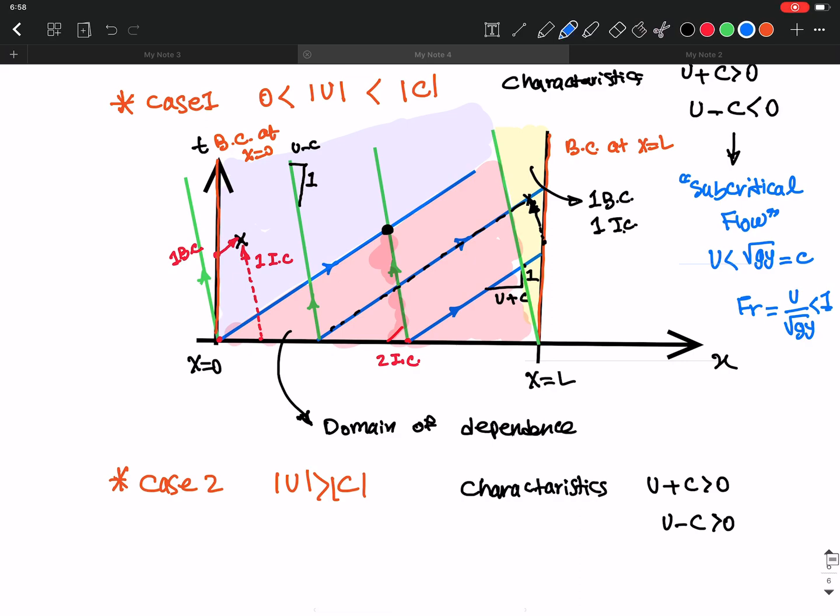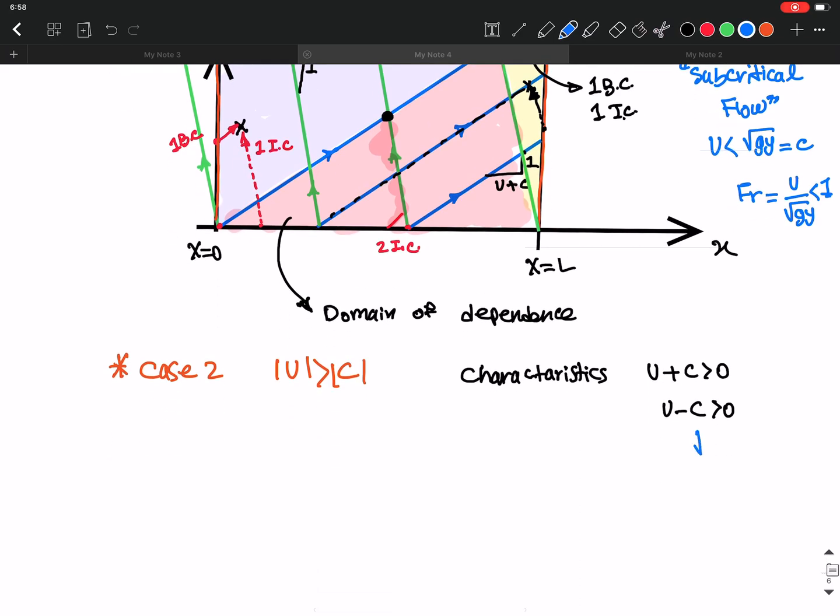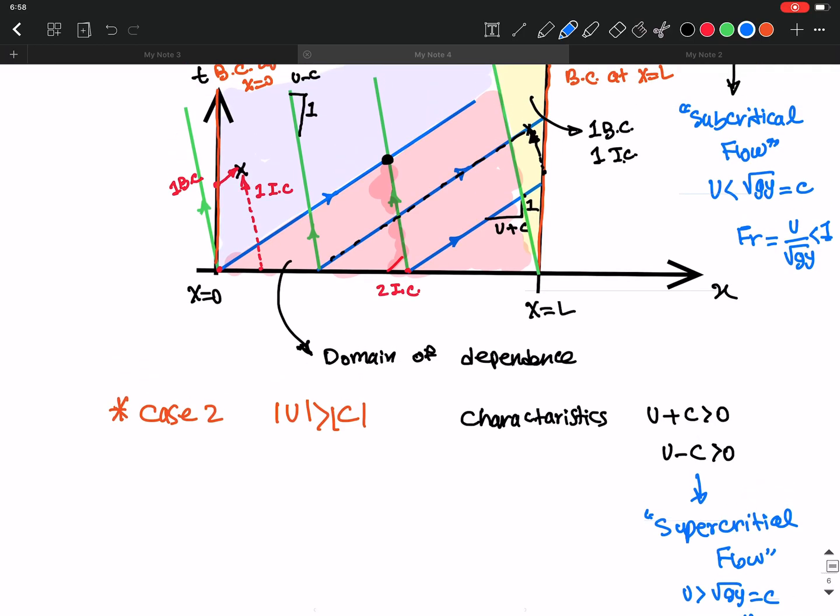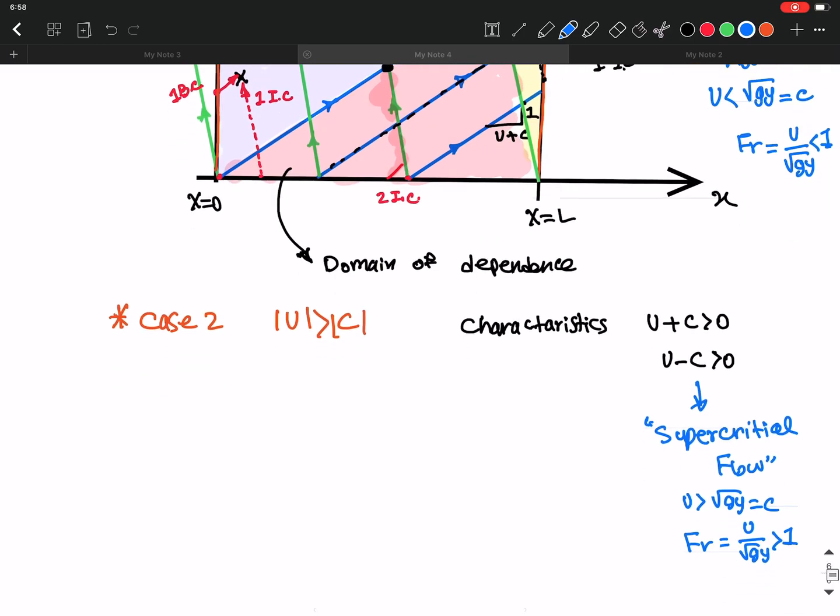This is a case we call supercritical flow. This happens when u is greater than square root of gy, or your Froude number, u over square root of gy, is greater than 1. And we have a critical flow where this Froude number is 1.